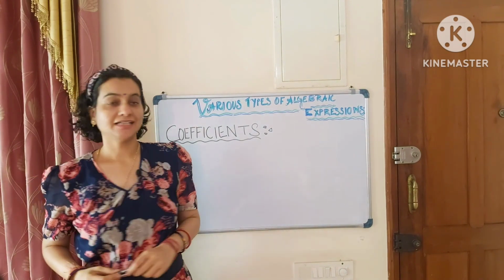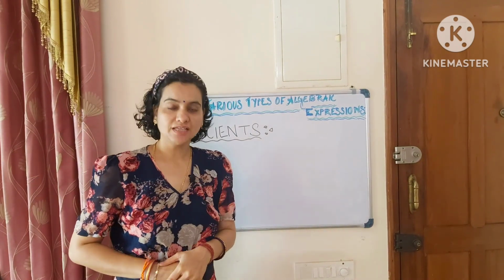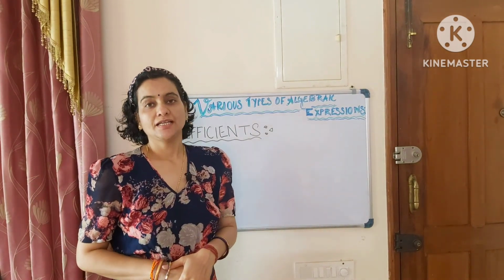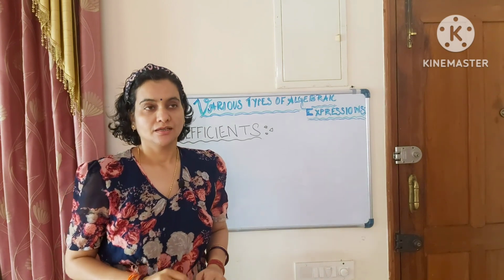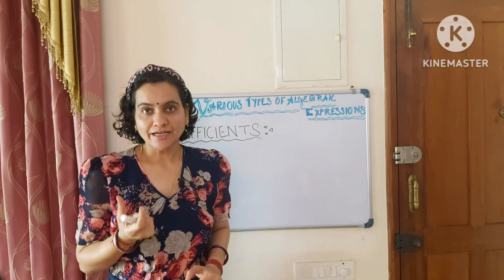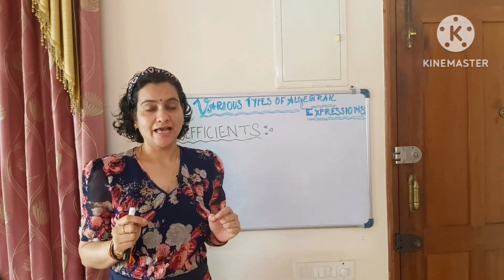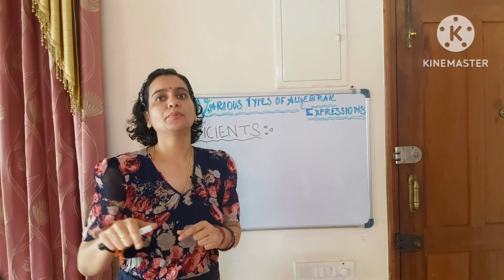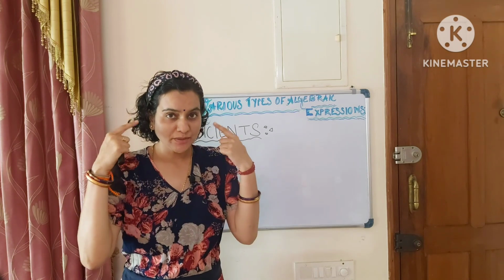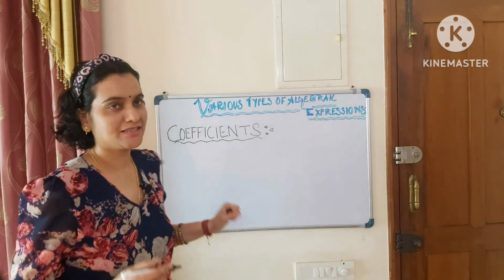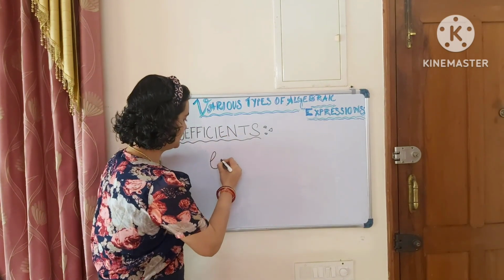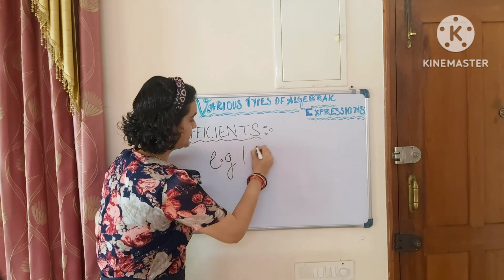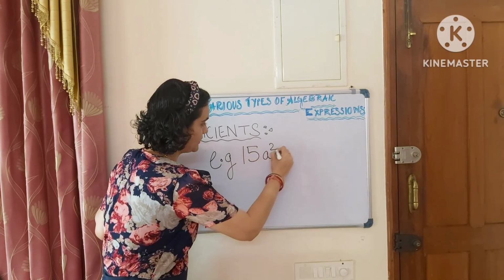So this is the meaning of factors in the case of an algebraic expression. Now let's understand the term coefficient in the case of an algebraic term. In an algebraic term, a factor is considered the coefficient of the product of the other factors in that particular algebraic term. It sounds complicated, but it's very easy. Let's take an example, let's say 15a² b.